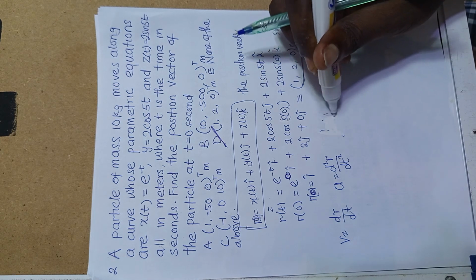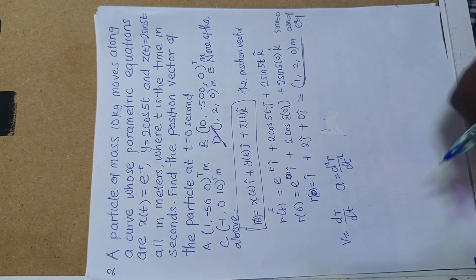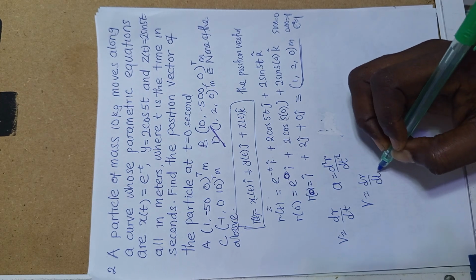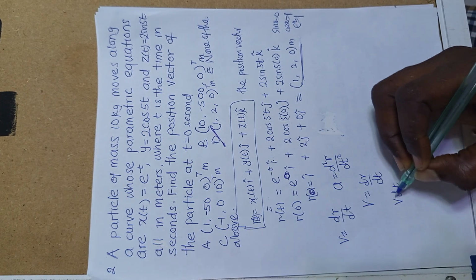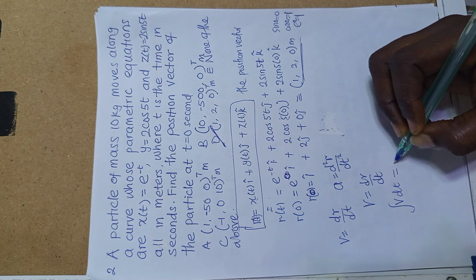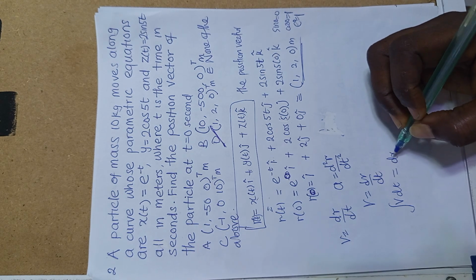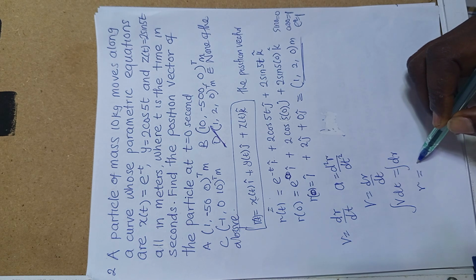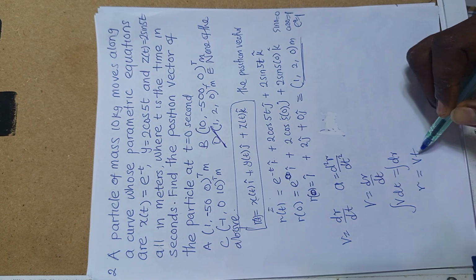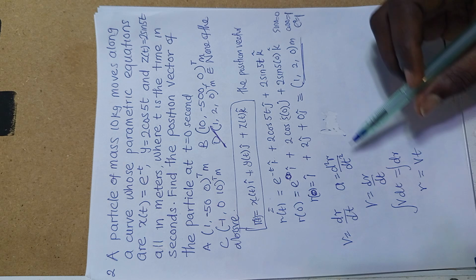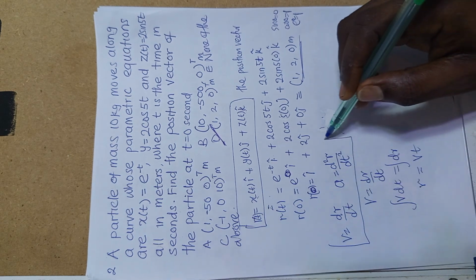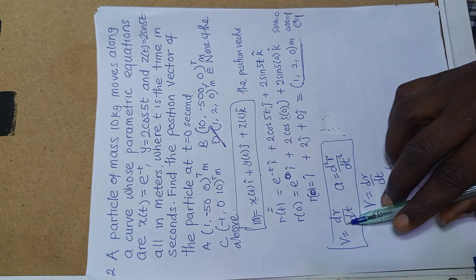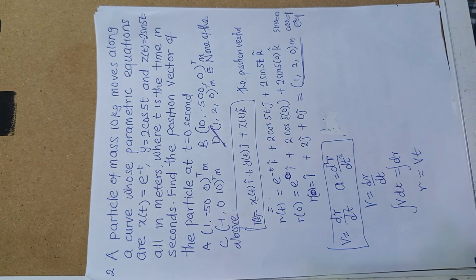Remember that I told you that v is equal to dr over dt. So therefore, v dt, if you integrate it, is equal to dr, which is, so r is equal to the integral of v dt, and so forth and so on. So just know, what you need to do is that if you are given position vector, differentiate once, we get velocity. Differentiate twice, we have acceleration.